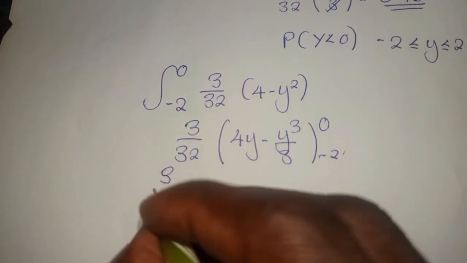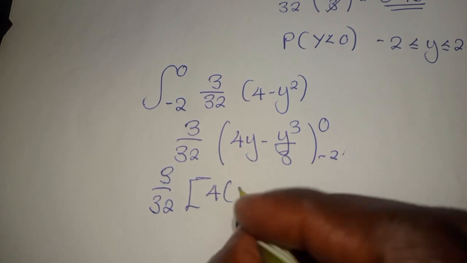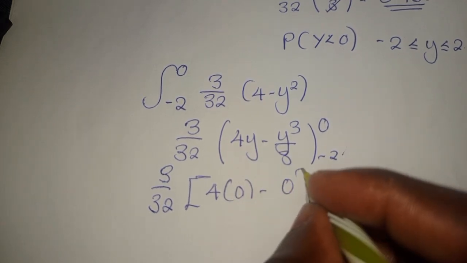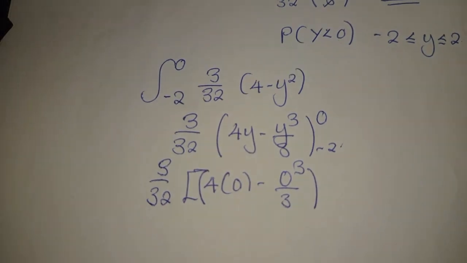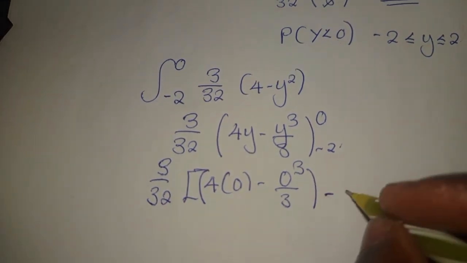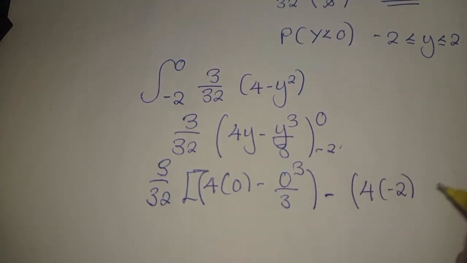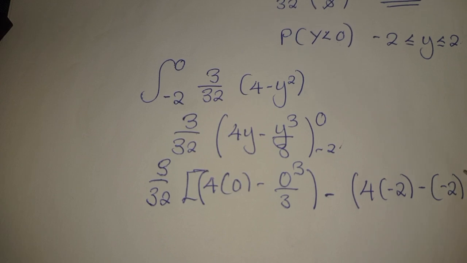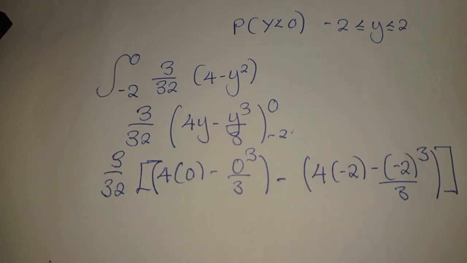So we have 3 over 32. Then here for sure we will have 0 minus 0 to the power 3 over 3. So this is the expression that we have on the left hand side. Then we subtract with 4 times negative 2 minus negative 2 to the power 3 over 3. So this is the expression that we have on the right hand side.